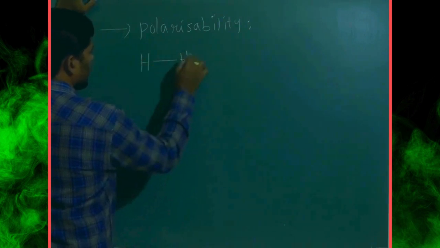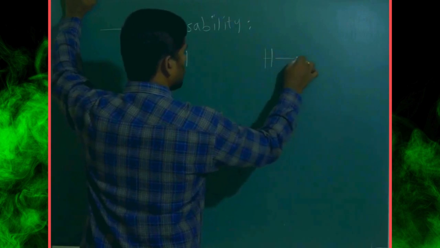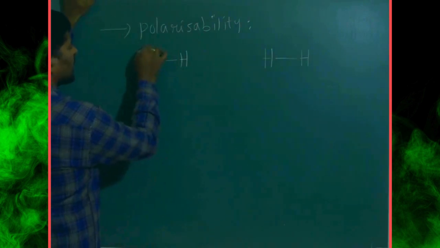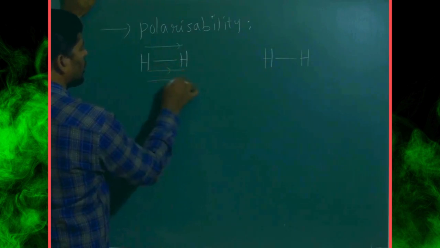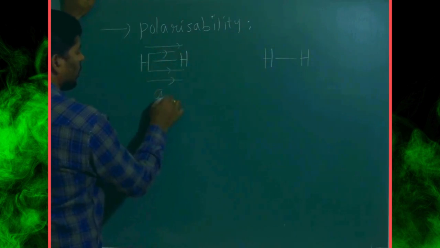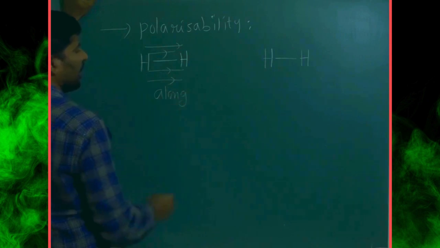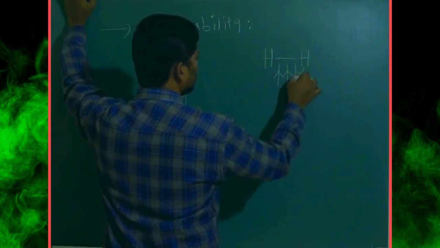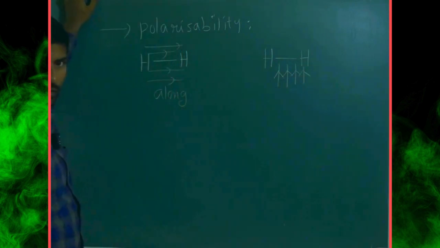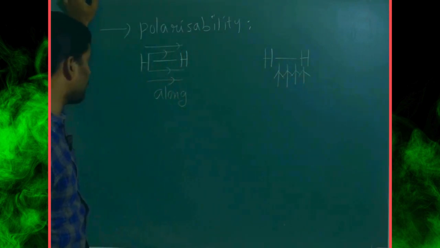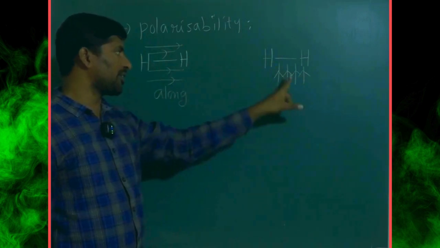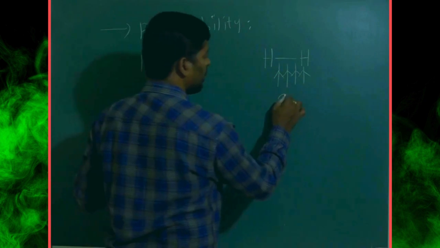For that I am explaining with this example. Here I am applying the electric field along the bond axis, and here I am applying the electric field across the bond axis.